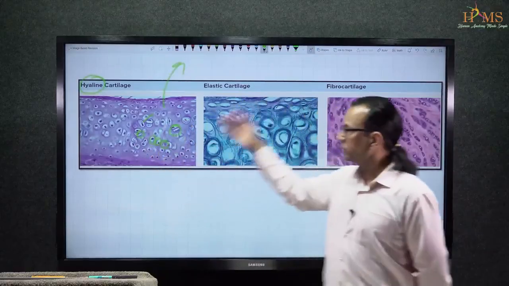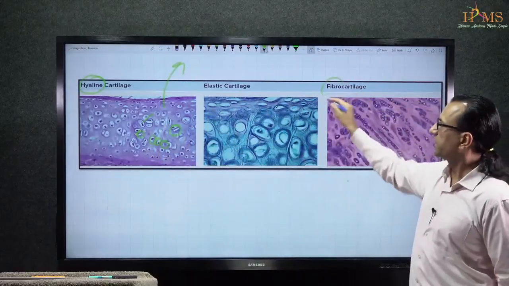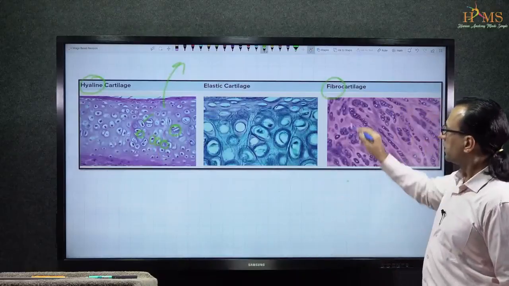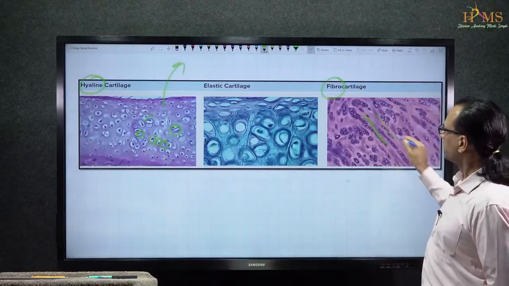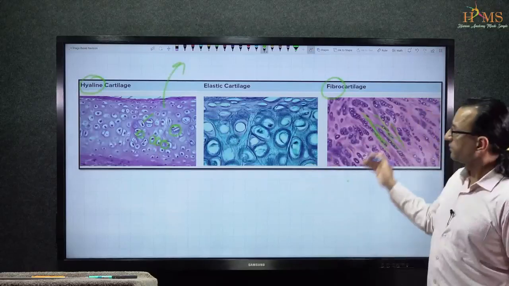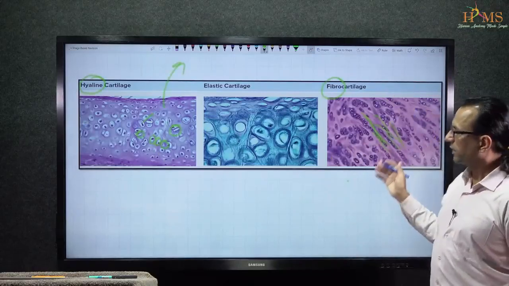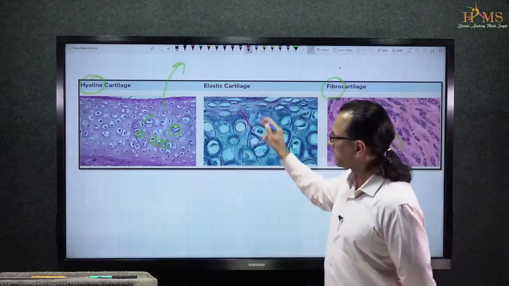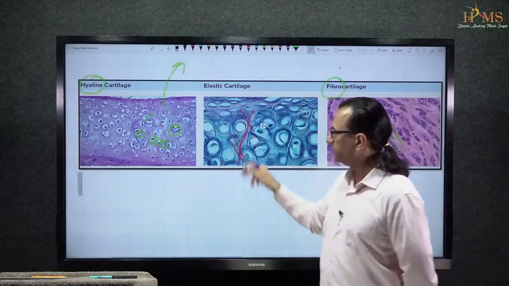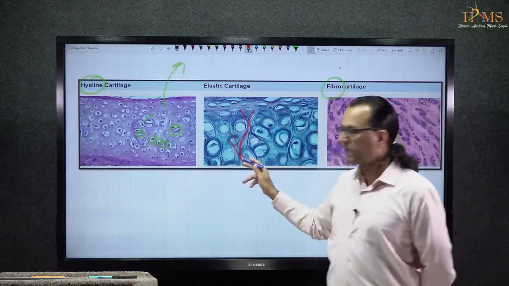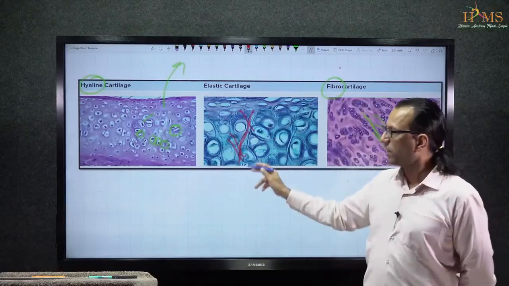But when it comes to the fibrocartilage, you will see there are fibers also which are evident. There are collagen fibers which are running along with the chondrocytes. And when it comes to the elastic cartilage, you will find there are some elastic fibers. Short fibers, single running fibers and branching fibers.